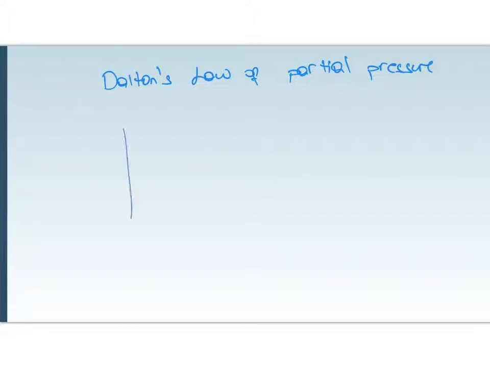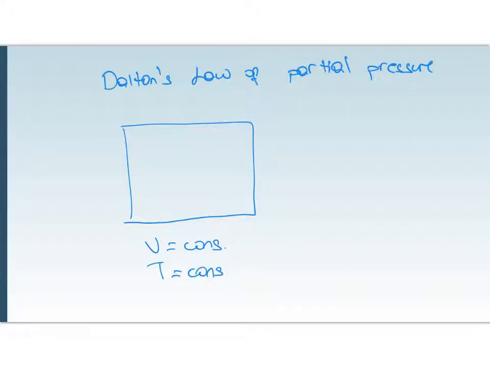The last one I'd like to talk about is Dalton's law of partial pressure. In this case, you again have a constant volume container. The volume is constant, and the temperature should be constant also.